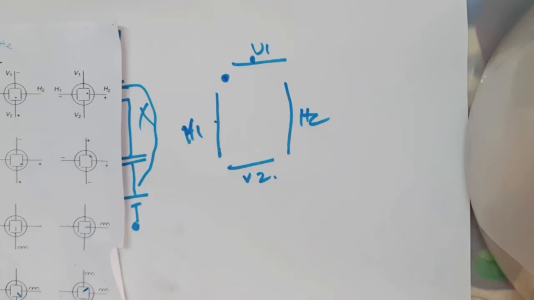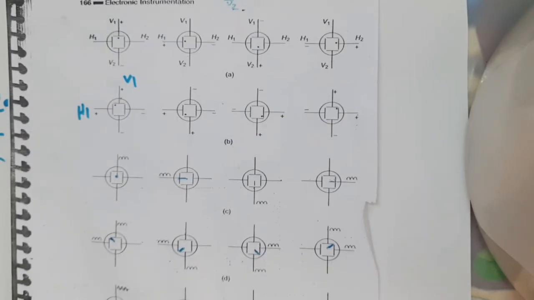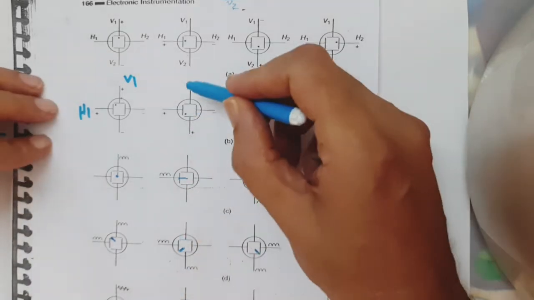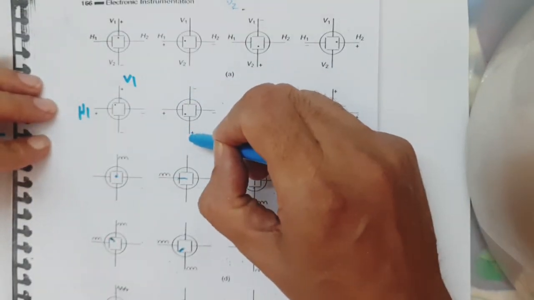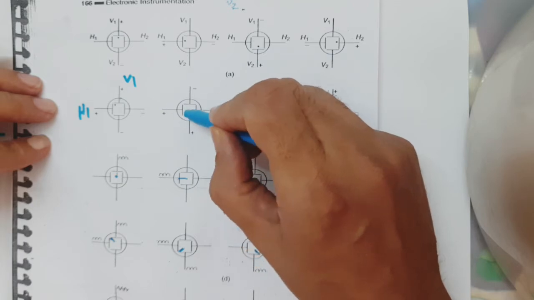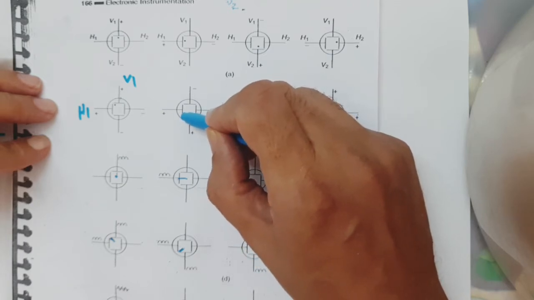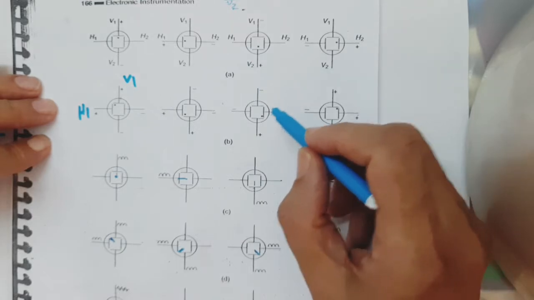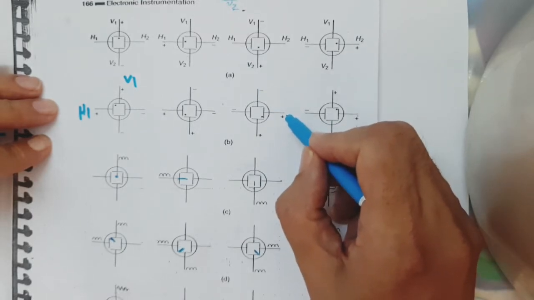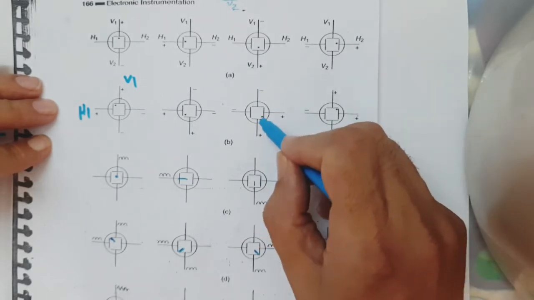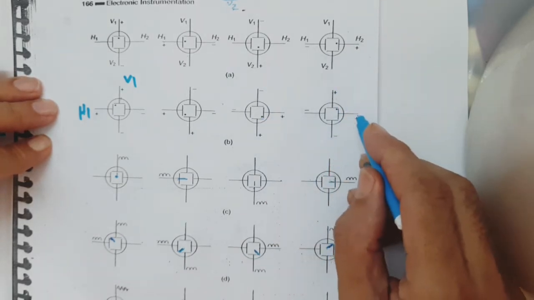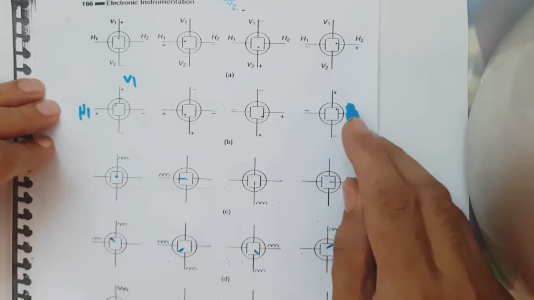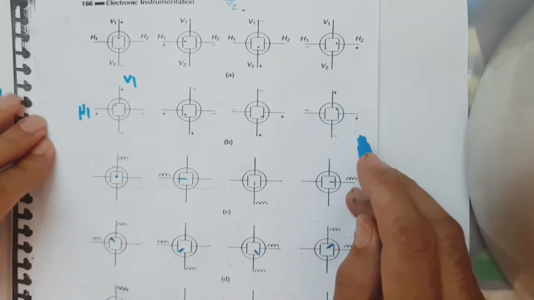Same way, now you can see what happened when the H1 positive and also V2 positive, at that time it moves towards like this. H2 positive as well as V2 positive, spot moves in this angle, and V1 positive and H2 positive, spot moves to the right hand side angle of the screen of the CRO.